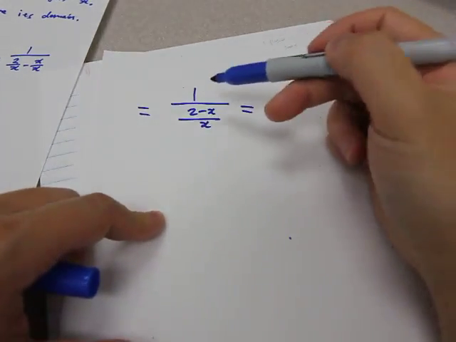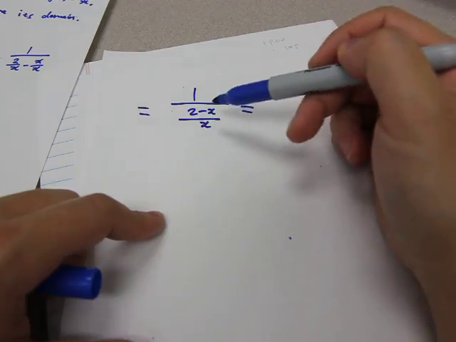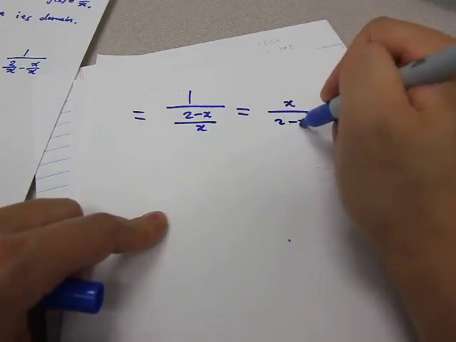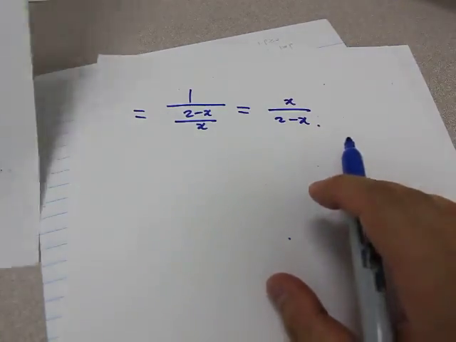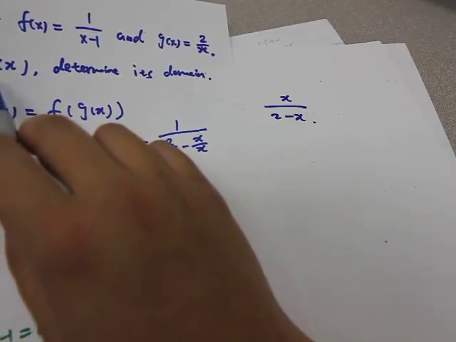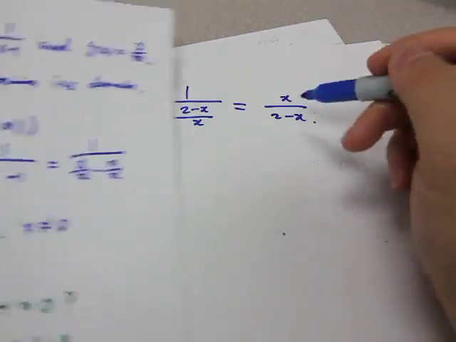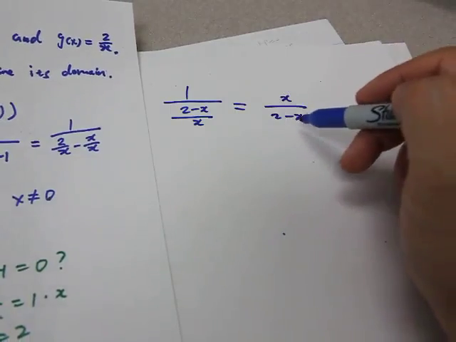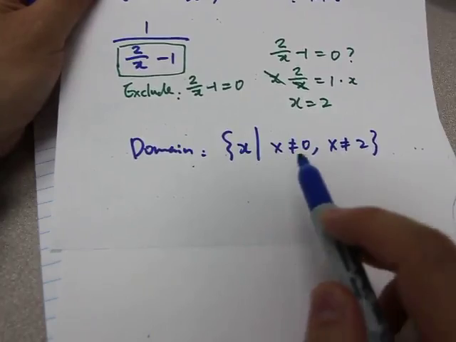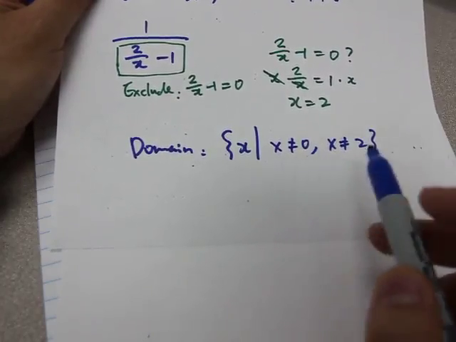And then if we flip this fraction, it will be x over (2 minus x). So the answer is this composite function f of g(x) is equal to x over (2 minus x), and the domain is every number except 0 and 2.